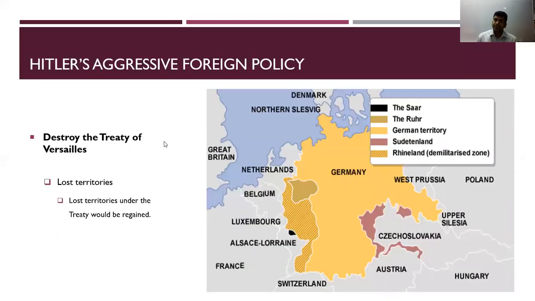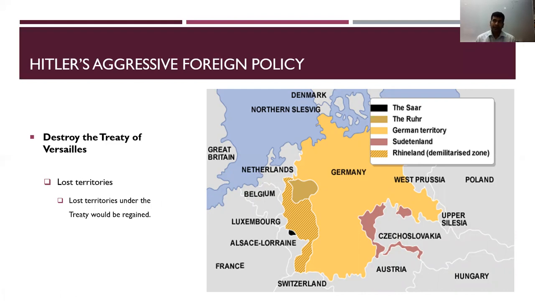And next, lost territories. Under the Treaty of Versailles, 10% of European German land was given away. So how do you break the Treaty of Versailles? Hitler did this by regaining lost territories.